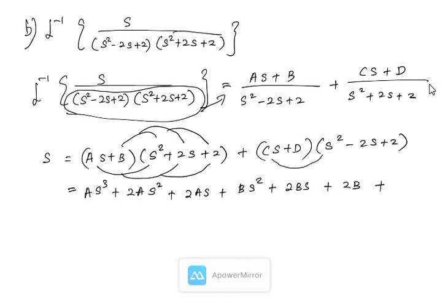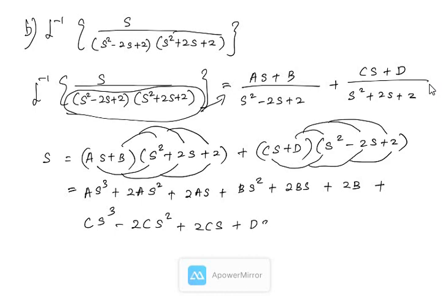Cs multiply with this one, then this one, and next one. So I have cs power of 3 minus 2cs squared plus 2cs. Then I start with the d. So I have plus ds squared minus 2ds plus 2d.